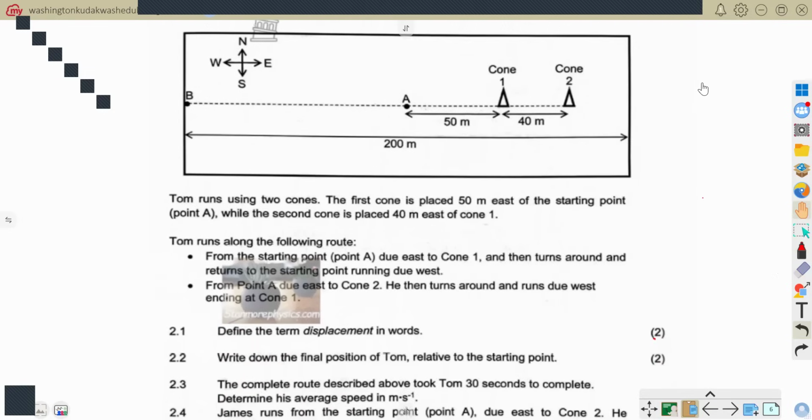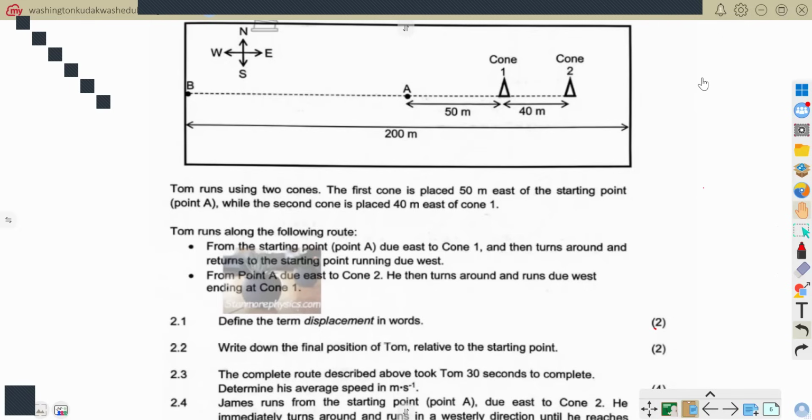Tom runs from the starting point, which is A, to cone 1, and then he turns around to the starting point, and then he runs again to cone 2, and then he turns around to cone 1.